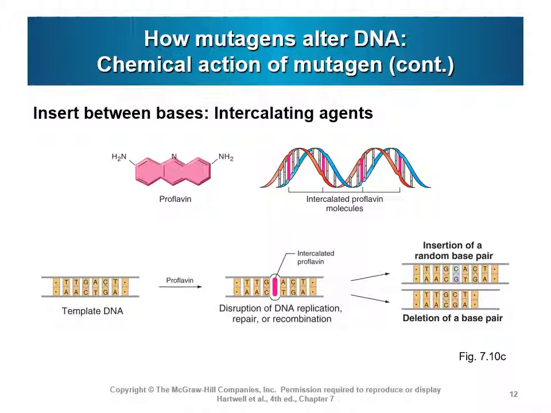When there is a lesion during the replication process, any random complementary pair can come and get inserted between these two lesion sequences, and after that the entire sequence from that point on has a frame shift. One of the intercalating agents is proflavin, for example, and there are other agents that have the same property.